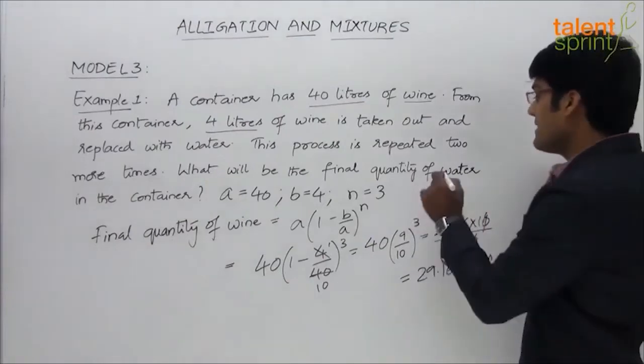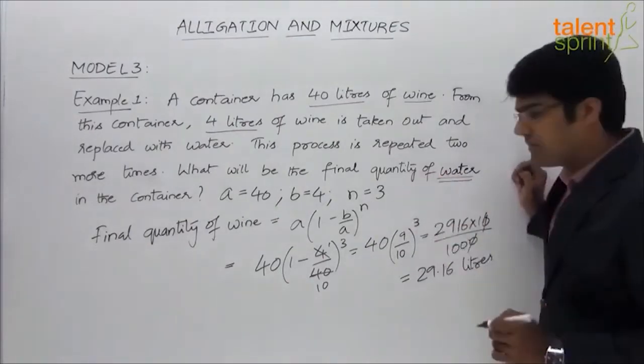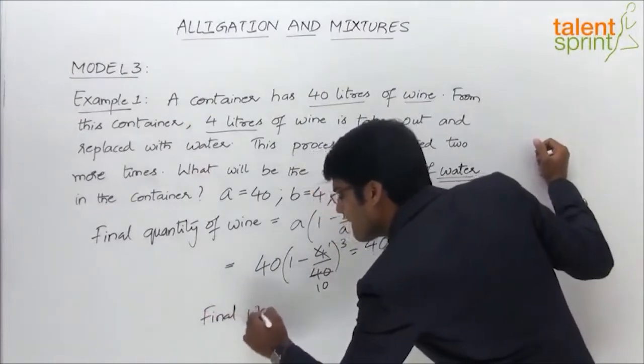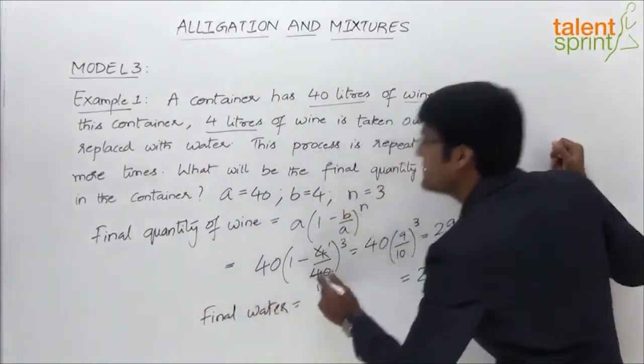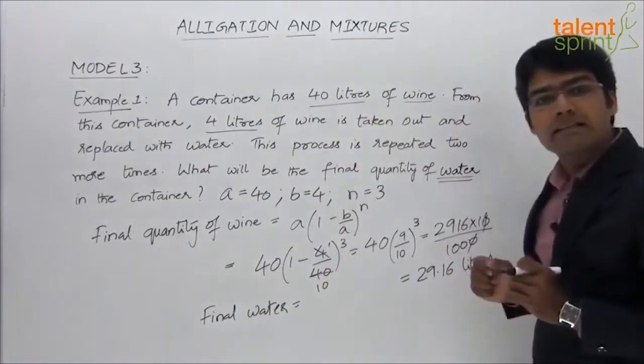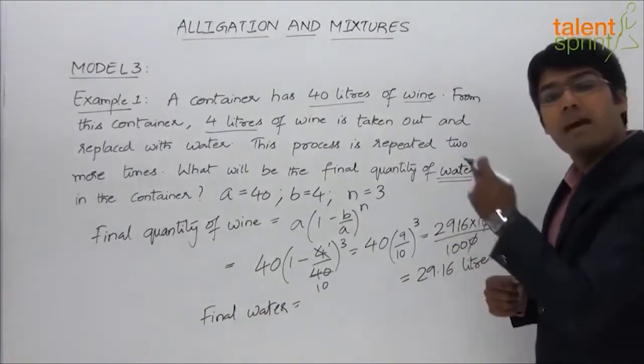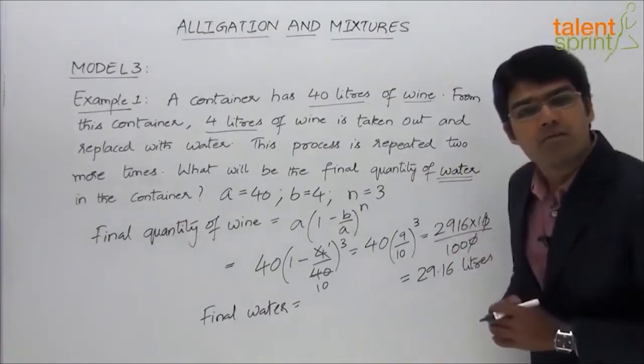But the question says find out the final quantity of water. So final quantity of water can be taken as, see, the total quantity of the vessel is 40 liters. Out of these 40 liters, 29.16 is wine. So 40 minus 29.16 will give us the quantity of water.